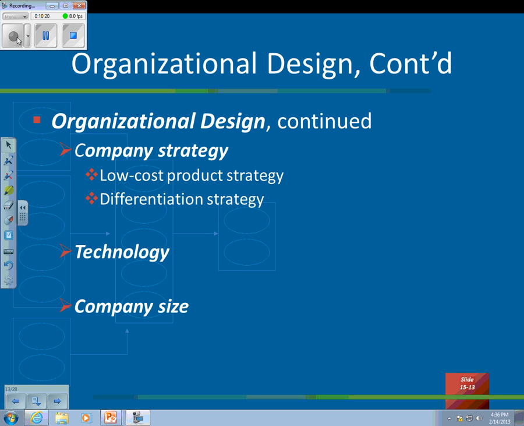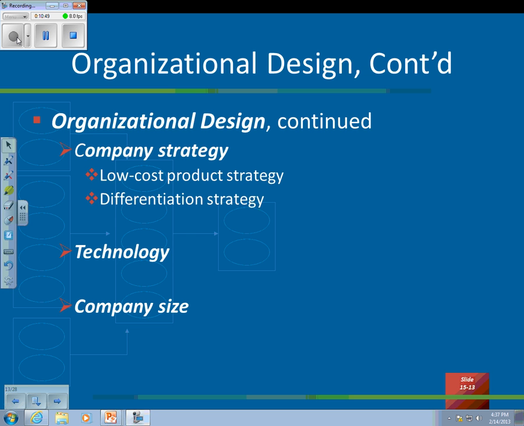Okay, other features of structure include technology. This is the method that organizations transform their inputs into outputs. And research suggests that the more routine a technology is, the more mechanistic a structure should be.